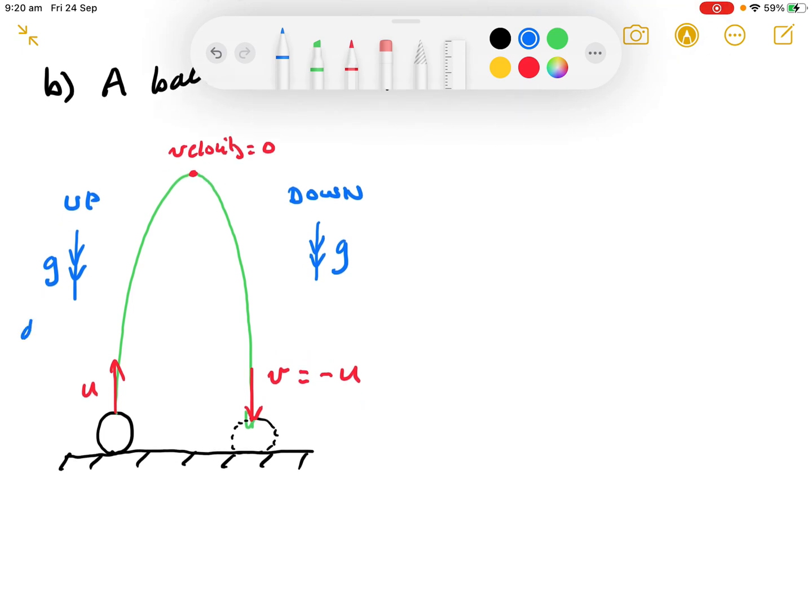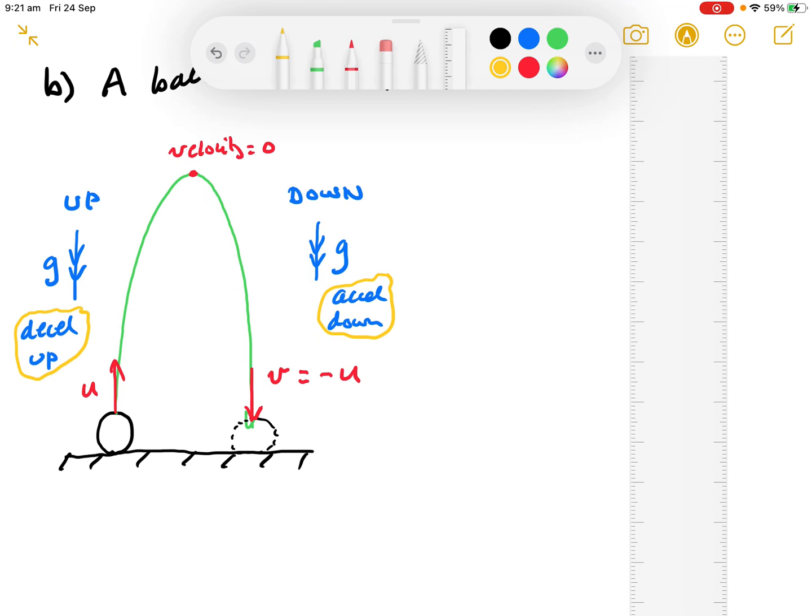So of course that's a deceleration up, but this is an acceleration down. Okay, now all of that analysis will be revealed in the velocity time graph.